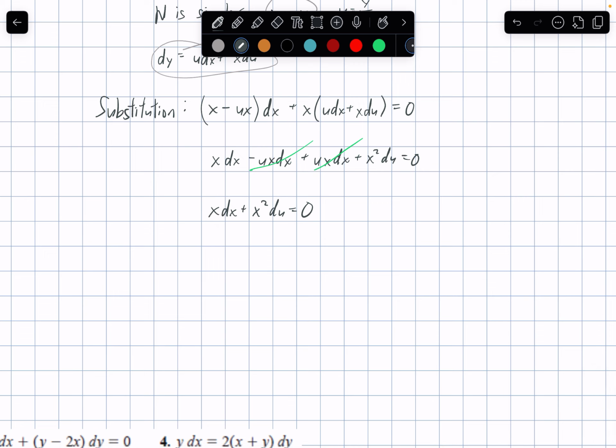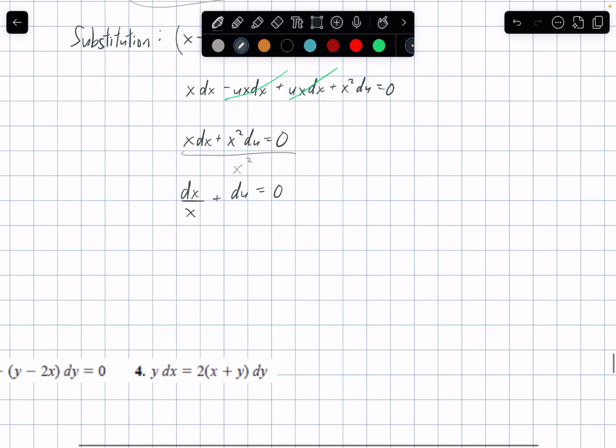So let's try dividing everything by x squared. So we have dx over x, and then du. I think this is sufficient. We can transpose du to the other side. Then we start to integrate.